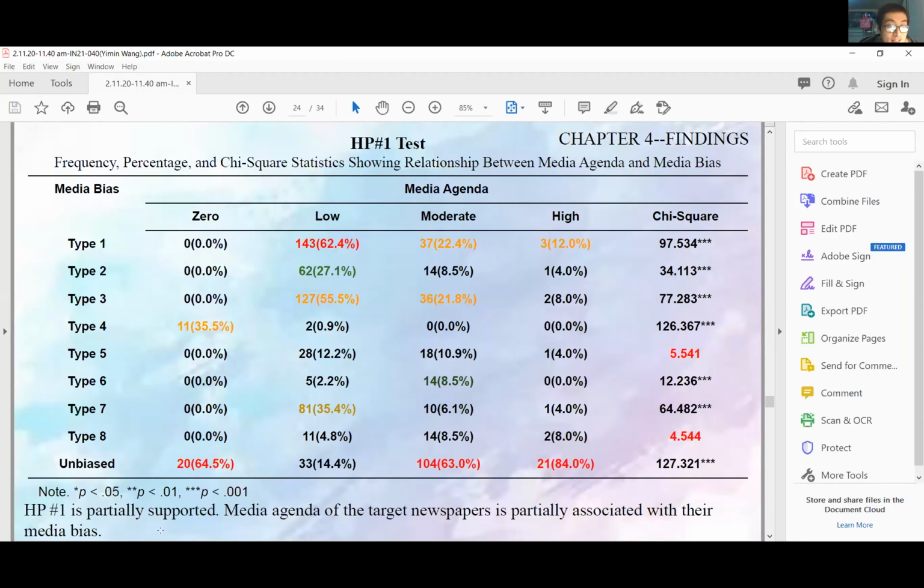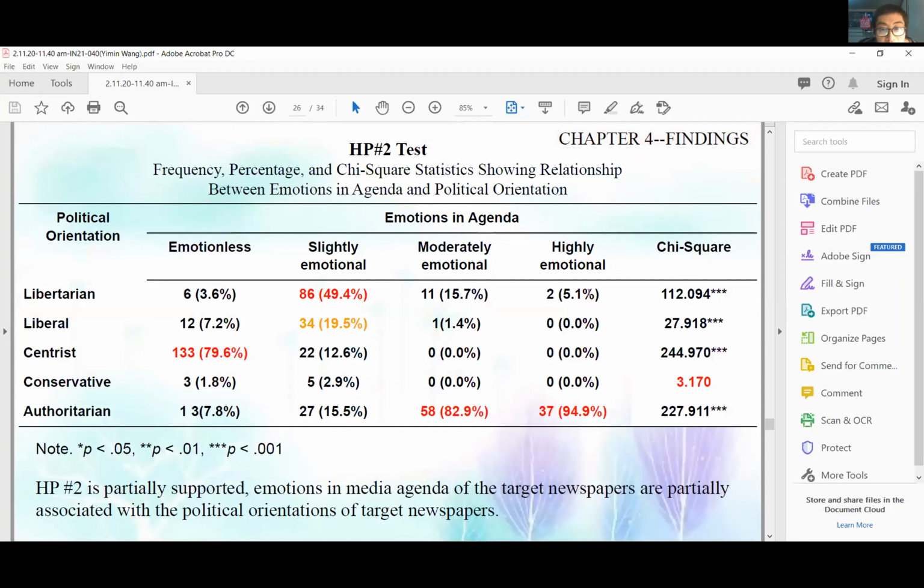So hypothesis 1 is partially supported, and media agenda and media bias are partially associated. Hypothesis 2: we can see that conservative is not significant, and it is partially supported.